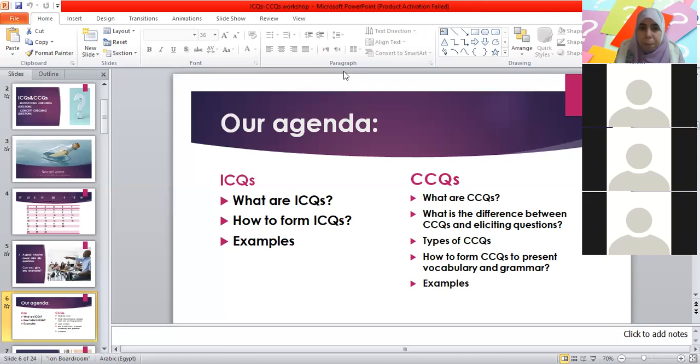Yes, Ragda, do you want to say anything? I just said that we can use CCQs when I am explaining a new structure. Yeah, of course, with grammar. For example, present continuous.